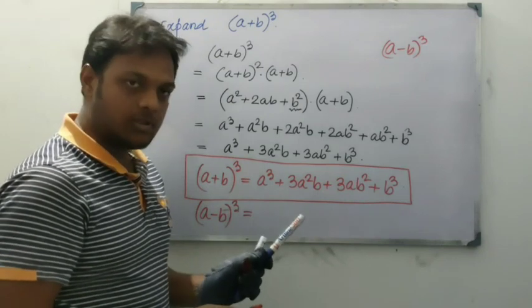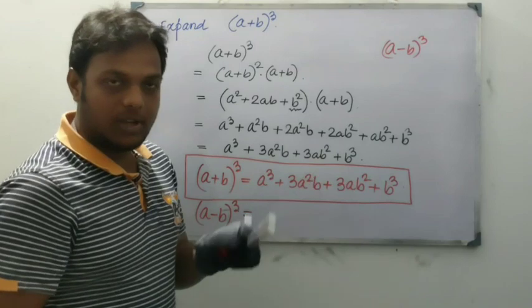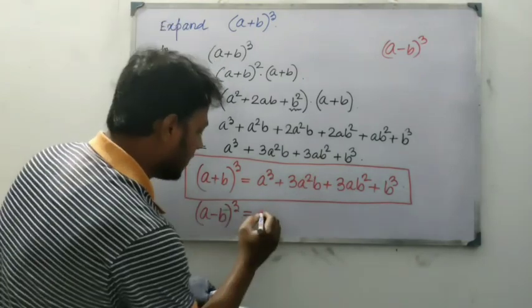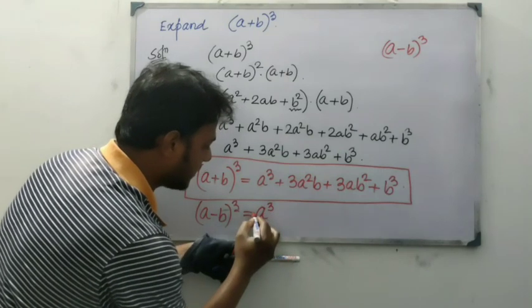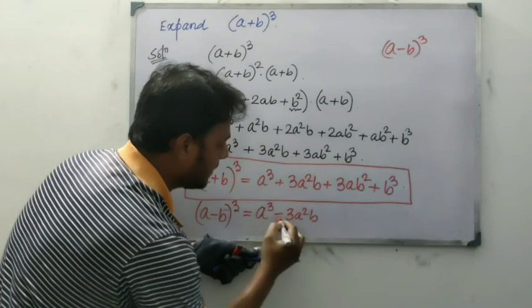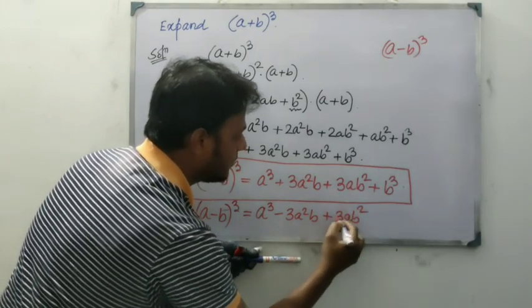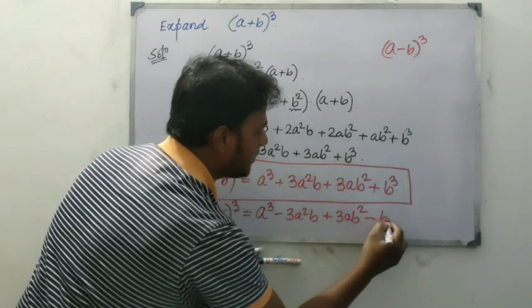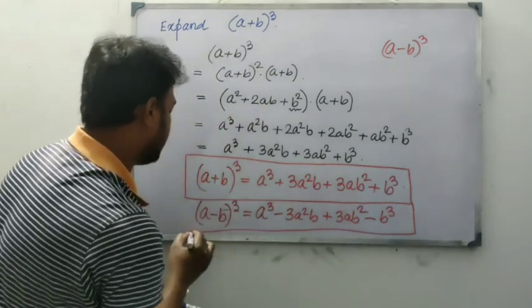If the first term is positive, then the second one negative, then the third one positive, then negative. In this way, I am considering the first term positive, a cube, then it will be minus 3a square b. Since this is minus, it will be plus 3ab square. Since we have considered here plus, it will be minus b cube. So this is the expanded form of (a - b) whole cube.